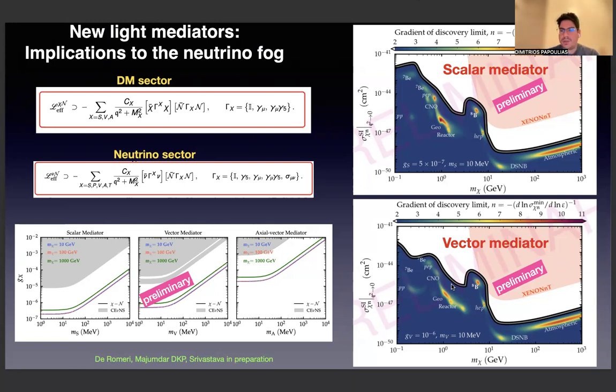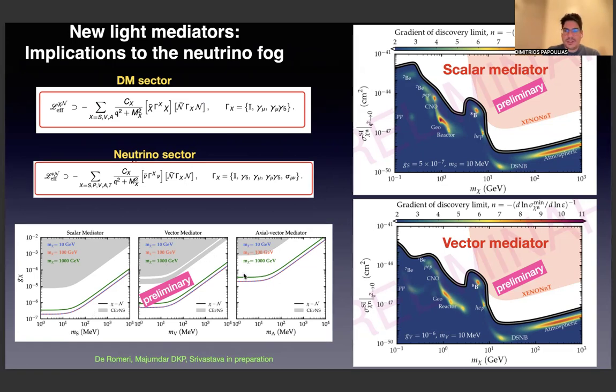So we did so, and we analyzed the recent data from XENONnT and PandaX-4T experiments, and we have put constraints in the coupling versus mass planes for the various mediator masses, and we see that the case of mediators in the dark matter sector generates much more stringent constraints.